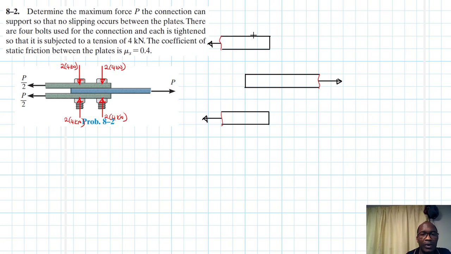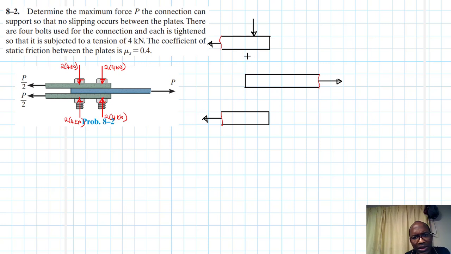And then let's say this is the centroid of our reaction force on the plate on one side, and then let's say the normal force, assuming we don't neglect the thicknesses of the plates, but of course we can neglect them.